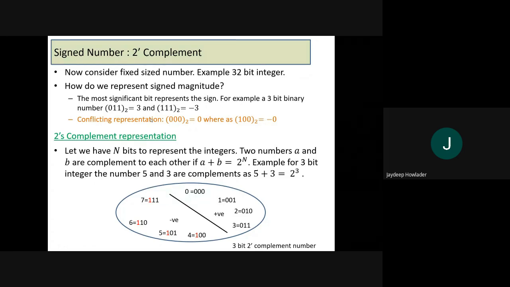Now try to understand that if we have a number system with a fixed size, meaning whenever we represent a number in a computer, there is always a size, and we cannot go beyond this size. Sometimes it is represented by the number of bits.